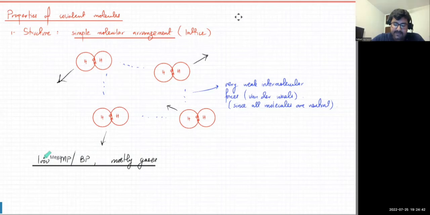And the simple explanation in the paper that you're going to write is that molecules have weak intermolecular forces, which can easily be broken.